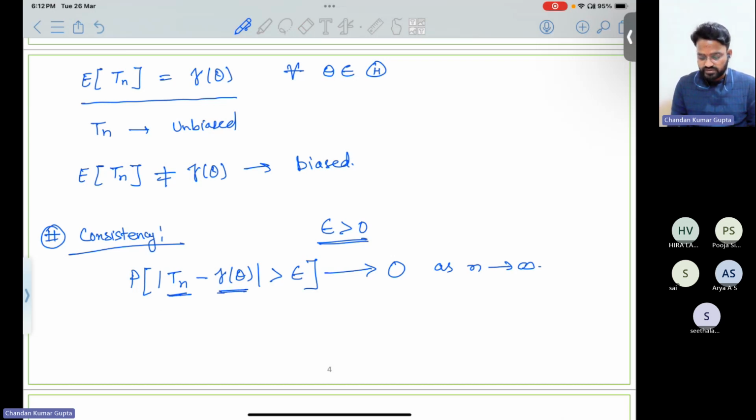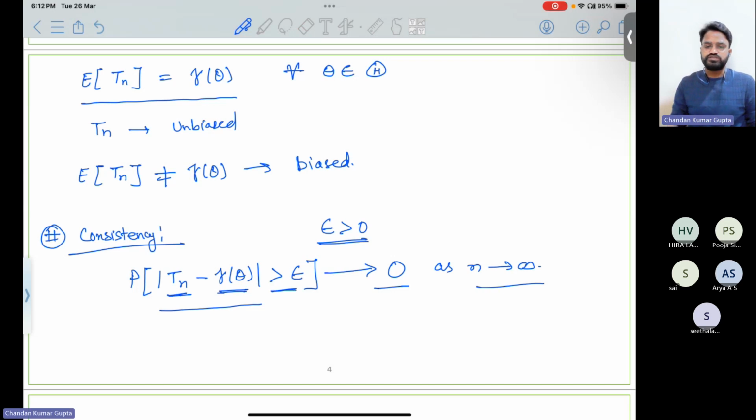And this is the difference between these two. If it is greater than epsilon, where epsilon is already a very small quantity, then this probability tends to 0 as n tends to infinity.